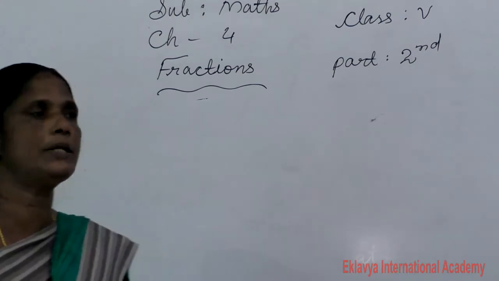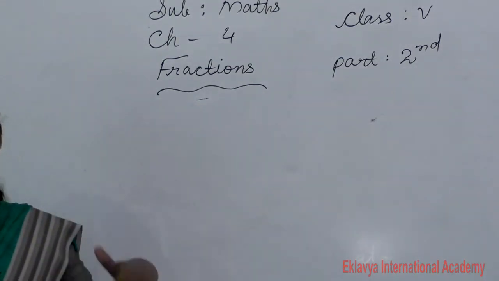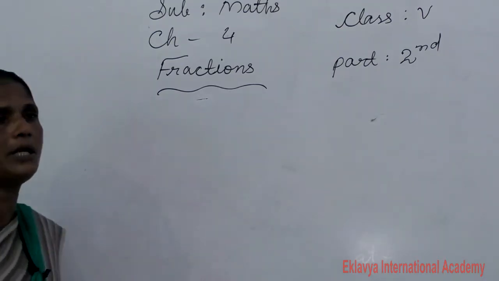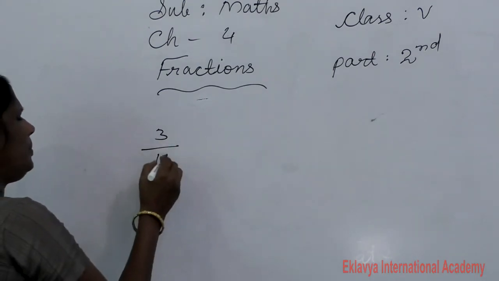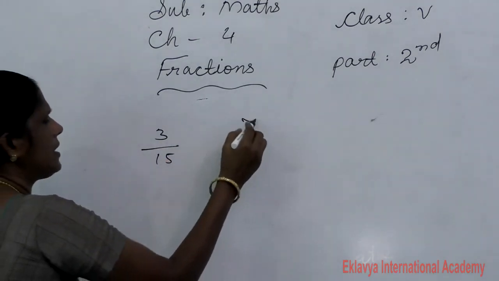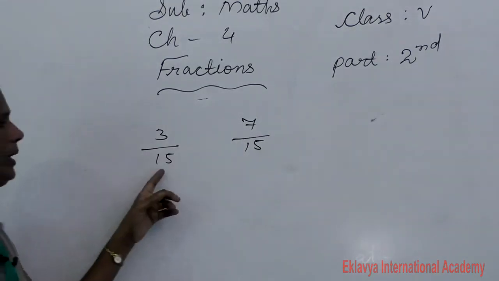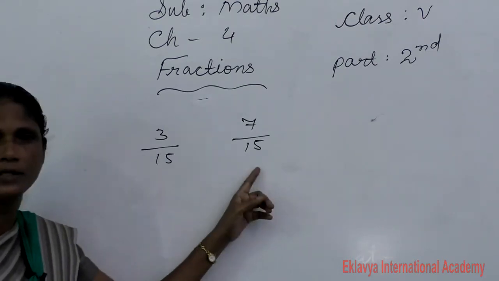Comparison of fractions. First, when the denominators are same. For example, 3 upon 15 and 7 upon 15. Here the denominators are same.